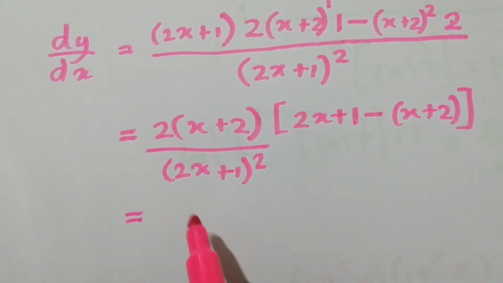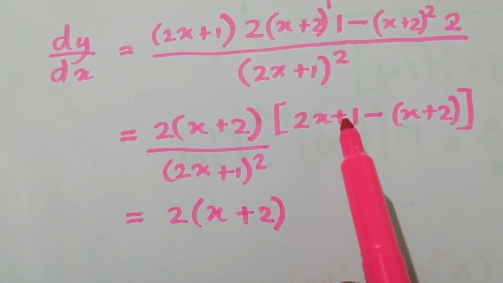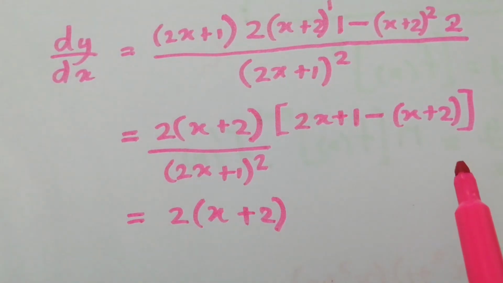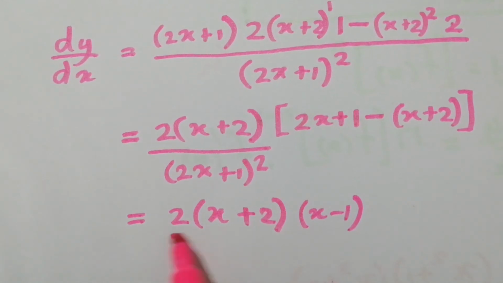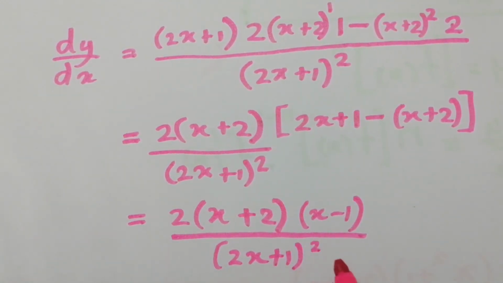Then I can further simplify and write 2 times (x plus 2). If I simplify inside the bracket, 2x minus x is x, 1 minus 2 is minus 1, then (x minus 1) upon (2x plus 1) squared.